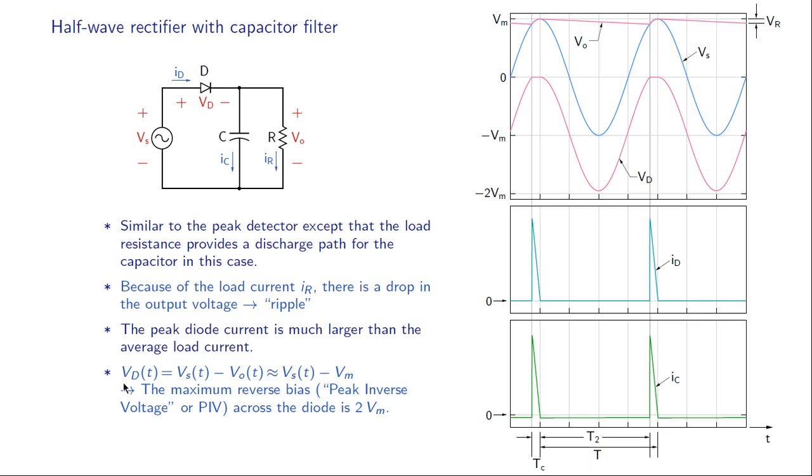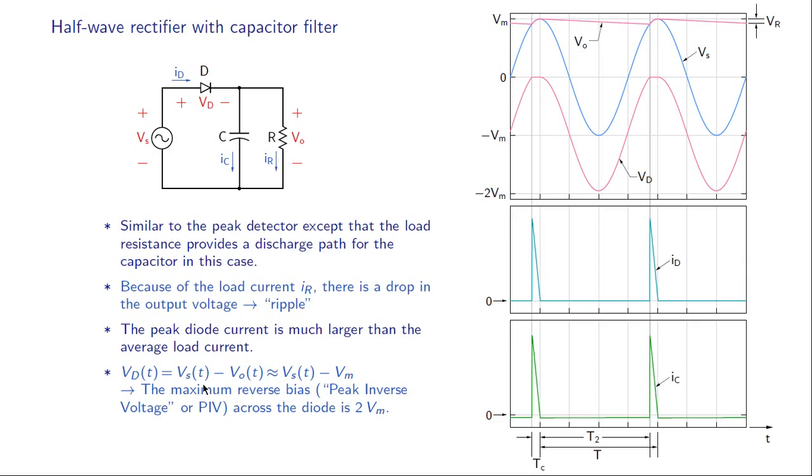Next, let us look at Vd, the diode voltage. What is that given by? By KVL, we can say that Vs must be equal to Vd plus Vo. So therefore Vd is Vs minus Vo, as given by this equation here. What about Vs of t?